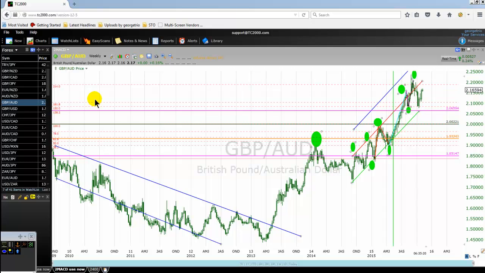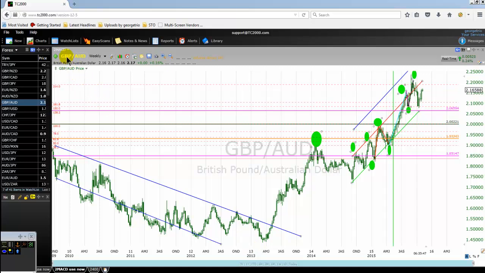So gold was going up, and we know that gold is a market indicator for the forex market. If the commodity market is bullish, the Australian dollar is likely to be bullish. So during that period of 2007 to 2013, the Australian dollar was becoming very, very strong against other currencies.